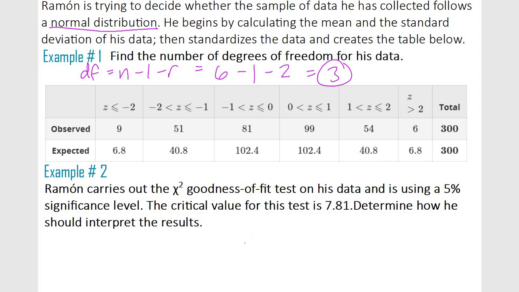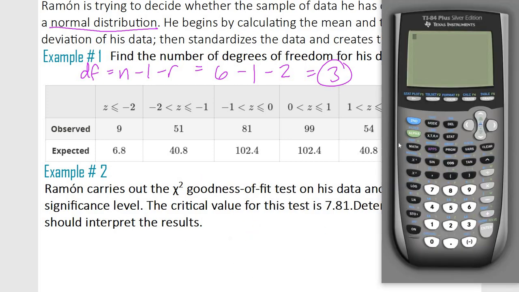All right, so you're going to want to run a goodness of fit test. Make sure you put the observed and expected into your lists. Then go to second vars. Wait, is this it? Nope, I lied. Stat. Oh, I can never remember where everything is. Stat, tests, all the way at the bottom.